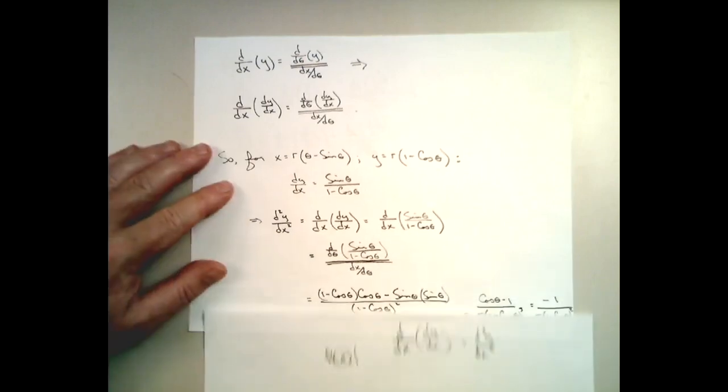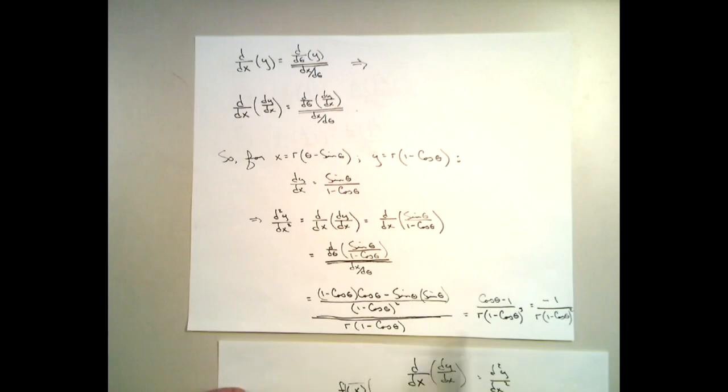And just carry out the computations. I'll let you go through this on your own. But what we wind up with after a bit of simplification is this expression over here: negative 1 over the radius of the generating circle times (1 minus cosine theta) quantity squared.